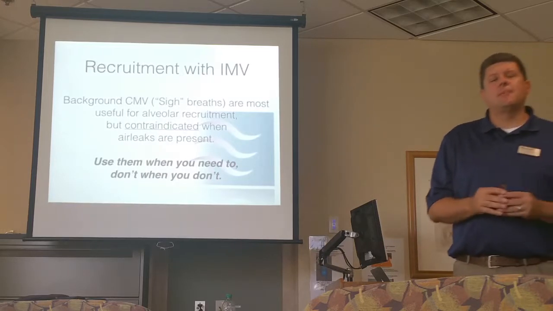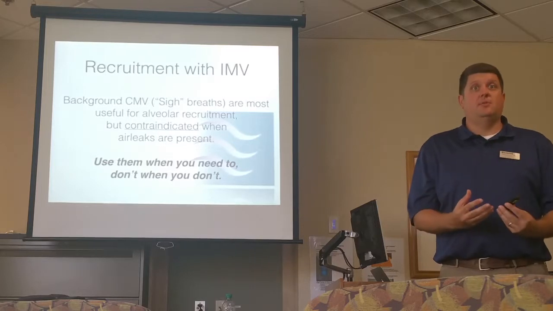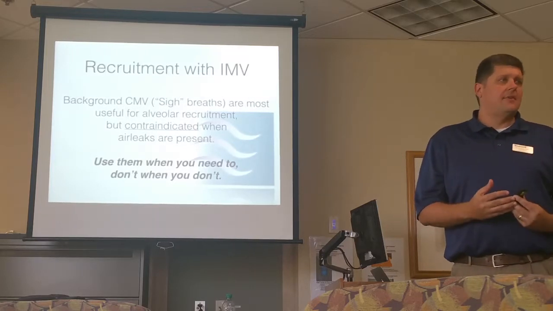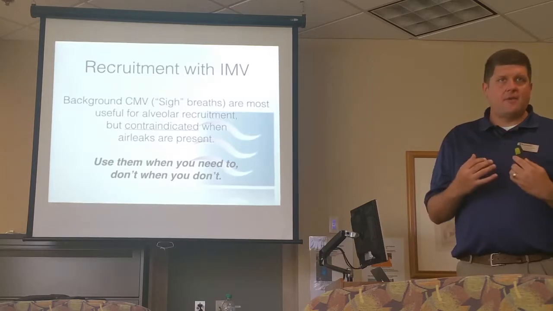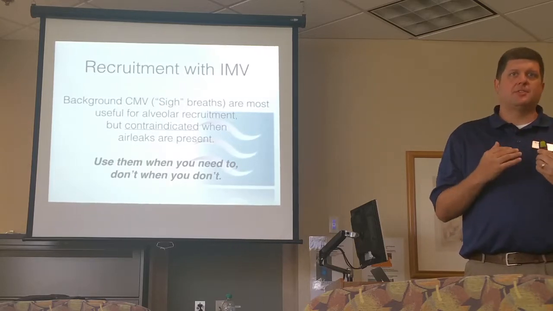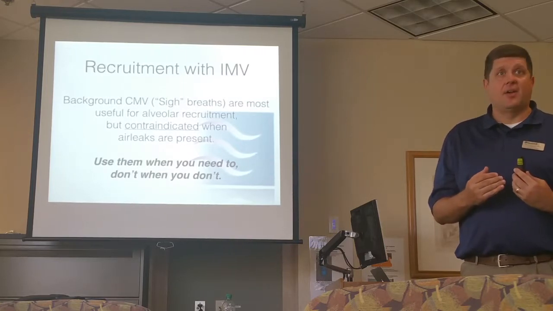So the key with the background rate is use it when you need to. If you don't have atelectasis and you don't have any problems like that, then back off and just be as gentle as possible, because otherwise you're unnecessarily putting in large volumes that don't need to be there.